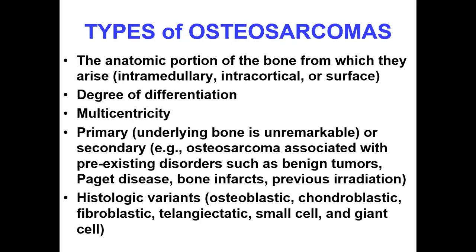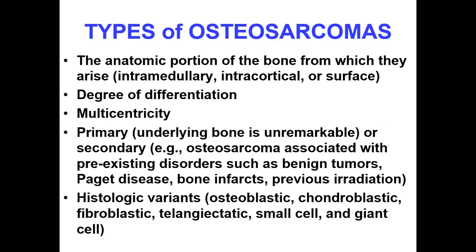Then are the types of osteosarcomas. So there are various bases of typing osteosarcomas depending on the portion of the bone from which they arise, that is intramedullary, intracortical, or surface.